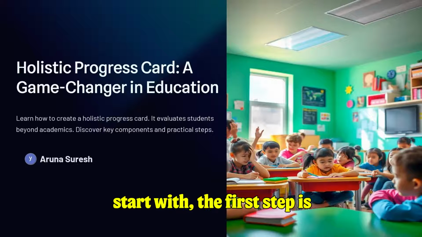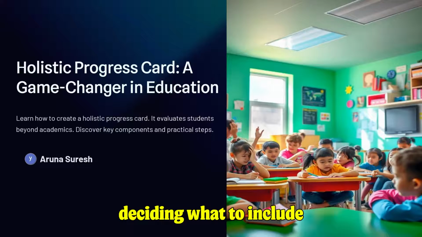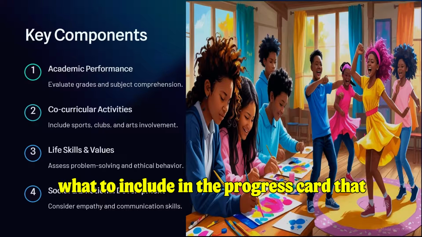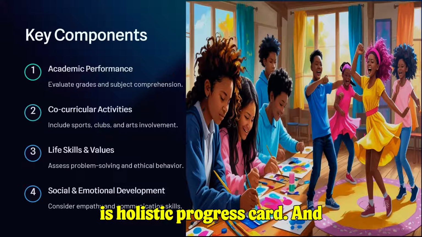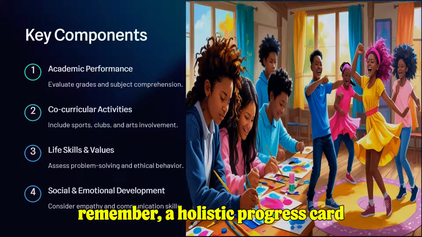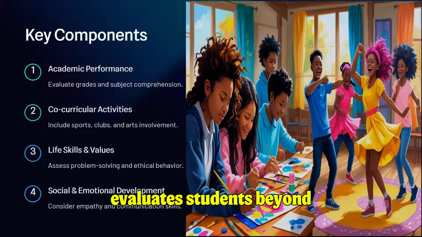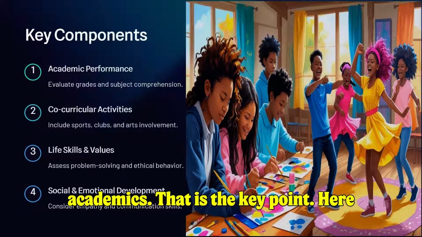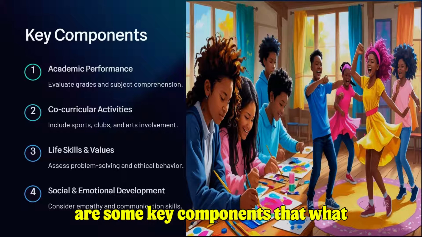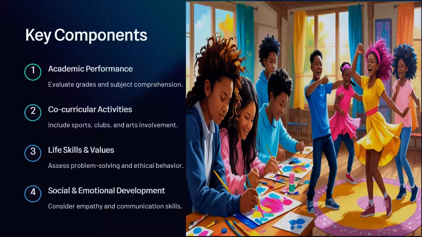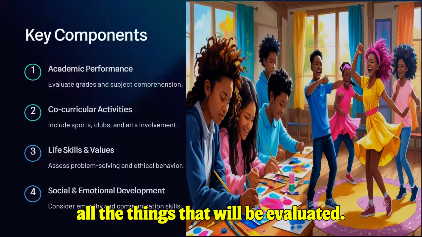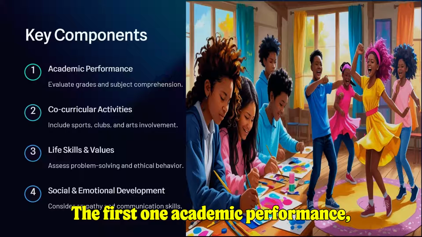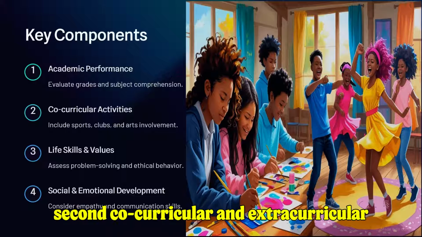So, to start with, the first step is deciding what to include in the holistic progress card. And remember, a holistic progress card evaluates students beyond academics. That is the key point. Here are the key components of what will be evaluated. The first one, academic performance. Second, co-curricular and extracurricular activities.